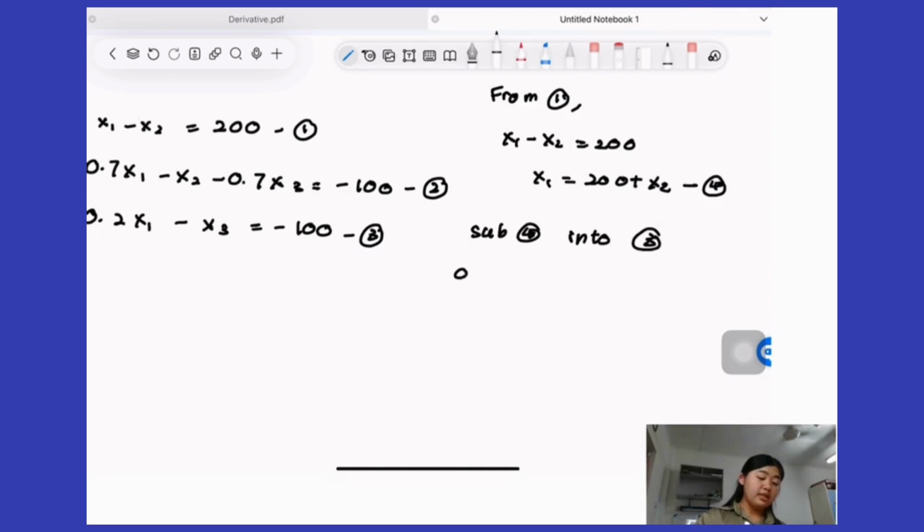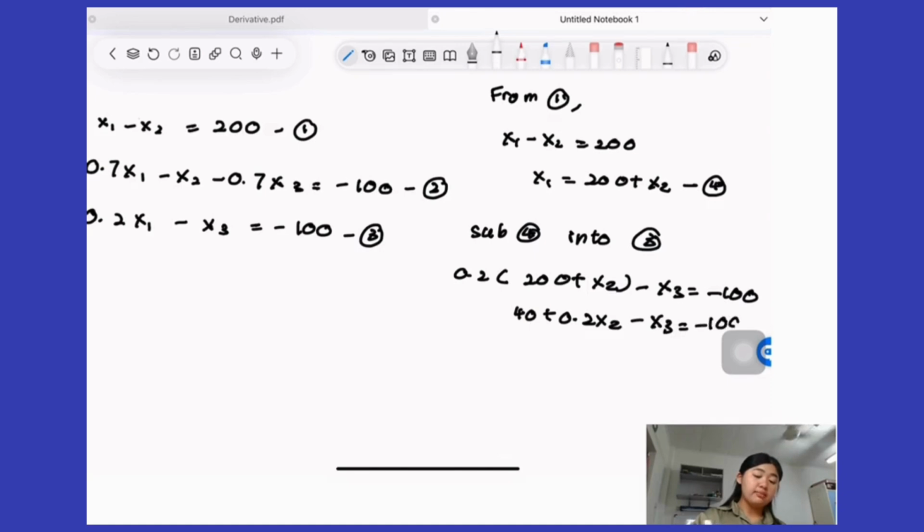So now it will be 0.2 times (200 plus x2) minus x3 equal to negative 100. Now I'm going to simplify it. 0.2 times 200, we will get 40 plus 0.2x2 minus x3 equal to negative 100.